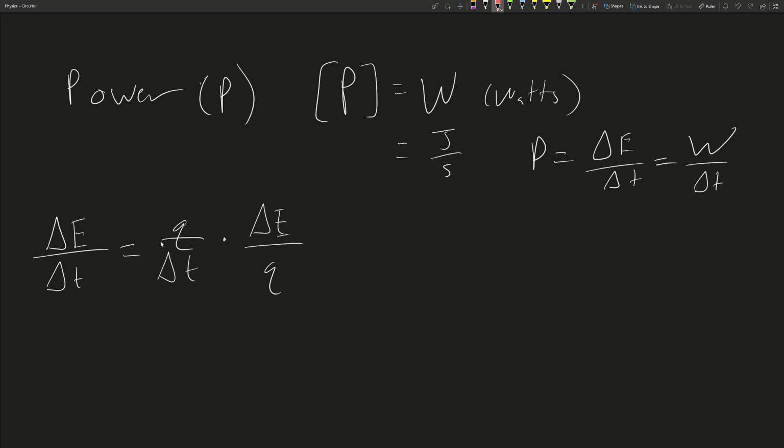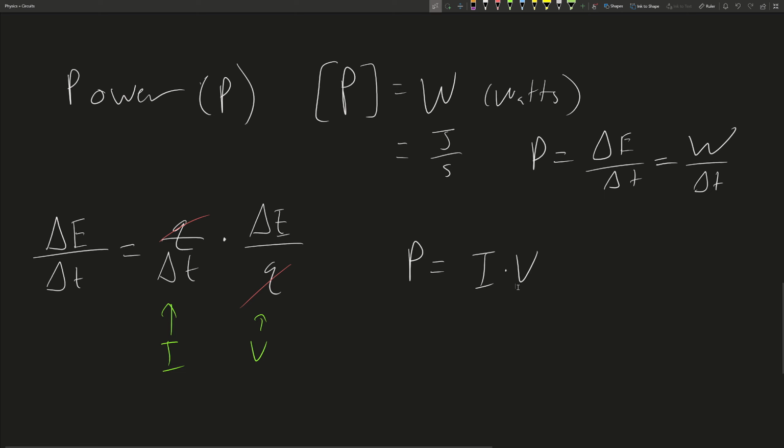So we see that these charges cancel out, and this is equal to power. So this is equal to current and this is equal to voltage. So we get that power is equal to current times voltage.